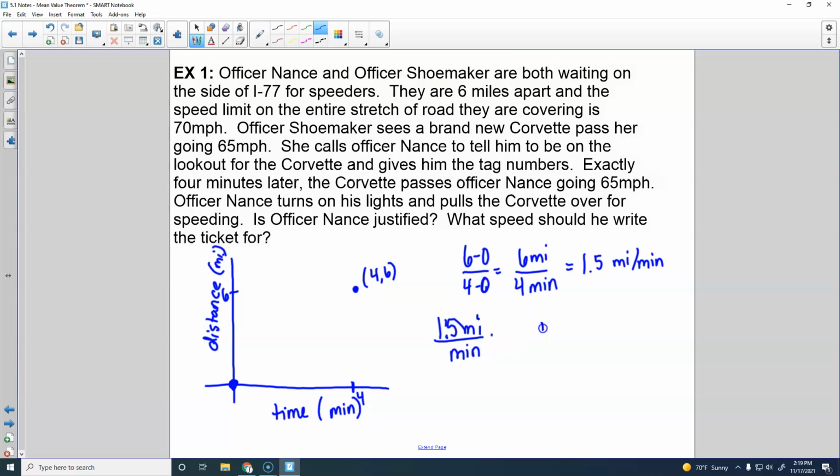We need to change our minutes to hours. There are 60 minutes in 1 hour. And so if we multiply that there, we're going to get 90 miles per hour.